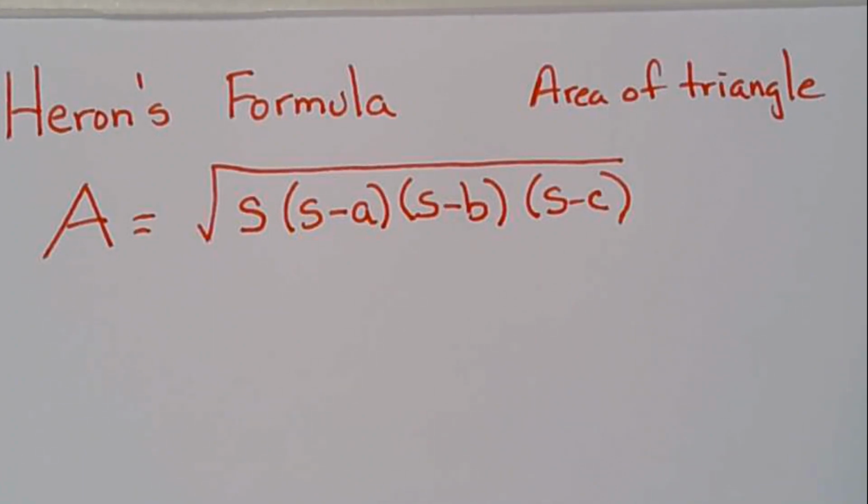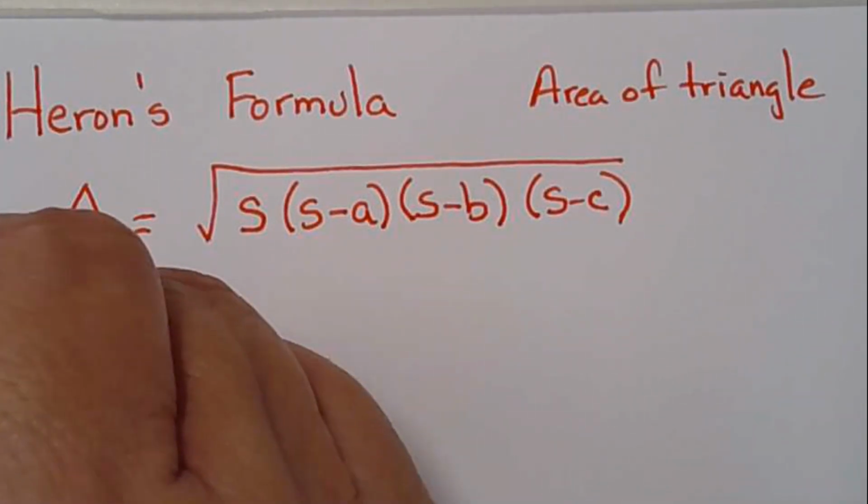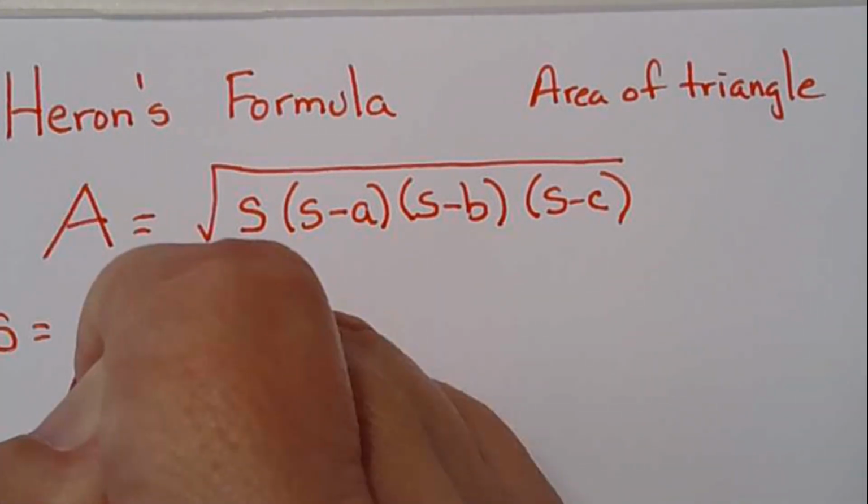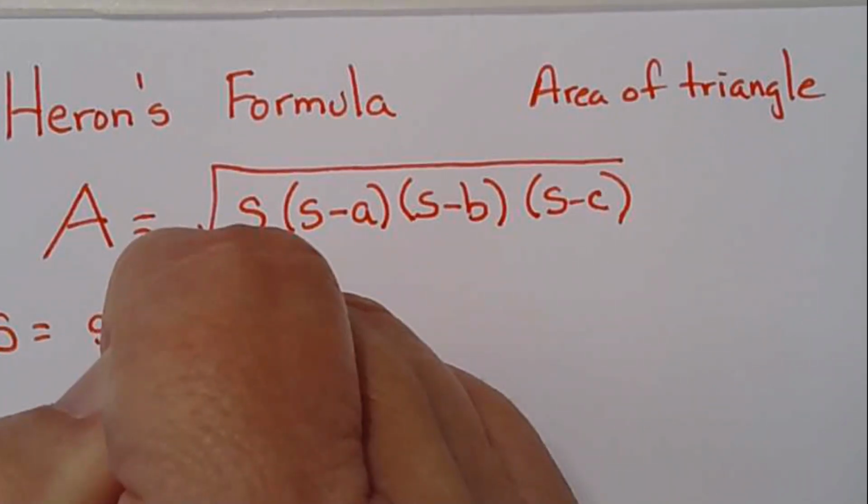You do not have to memorize the formula. You will be given a formula sheet or a list of formulas on the board. But what you do have to remember is what your variables stand for. So would you like to know what the S stands for? The S stands for semi-perimeter.